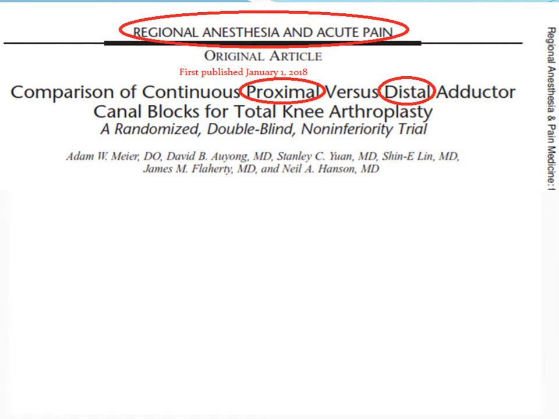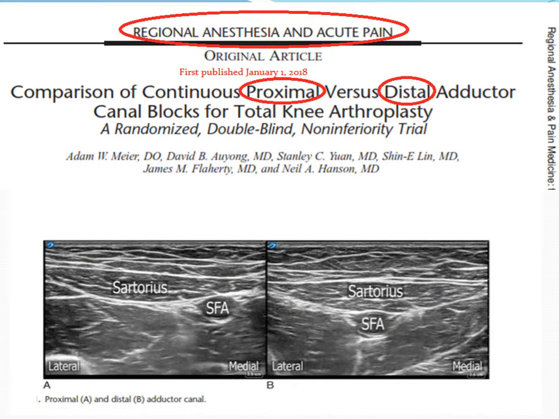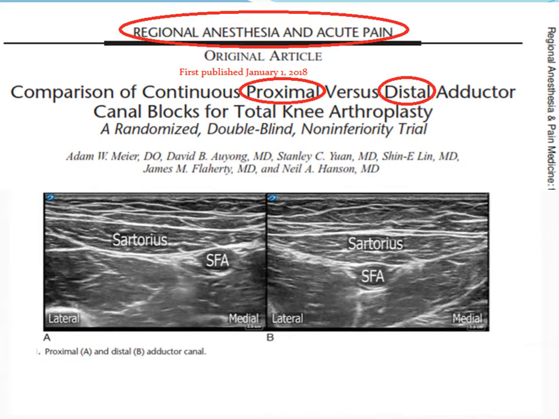Comparing proximal to distal in the adductor canal is the subject of a study published in Regional Anesthesia and Acute Pain. By proximal, we describe the left photo of this diagram, where there is the sartorius muscle, and beneath it is the superficial femoral artery, lying in a more medial location to the muscle.